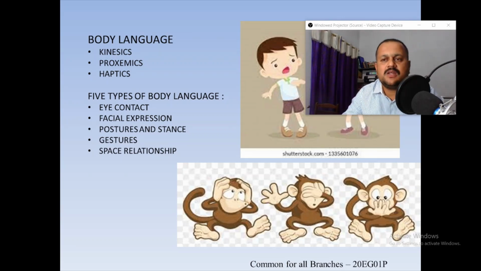Proxemics is very important because proxemics is the study of space. Space, I will give you an example to explain what is space. If a very good friend of yours, a close friend, sits very close to you with very little space, he or she sits very near to you, it may not make you uncomfortable.